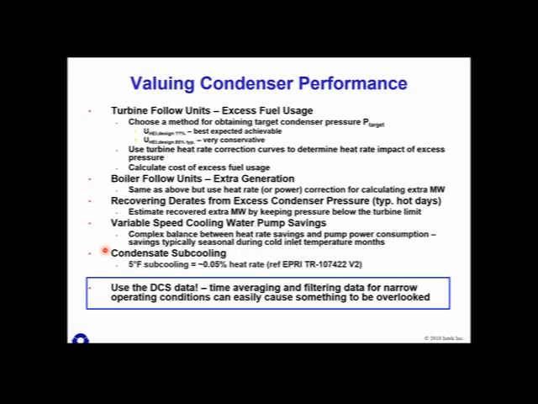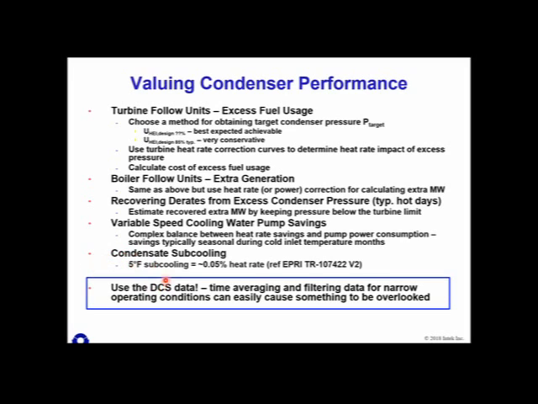A very low value is condensate subcooling. By producing condensate that's subcooled below the saturation temperature of the condenser pressure, you lose a little bit. It's not much, a very small value, though it can be quite large in some of the larger units.